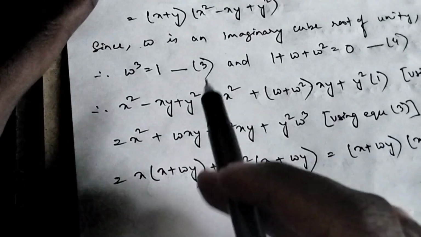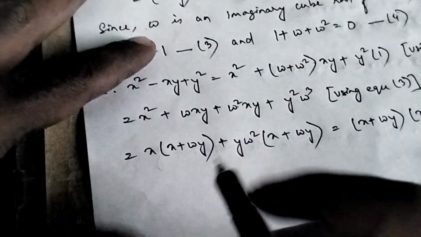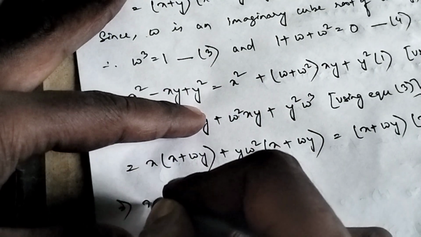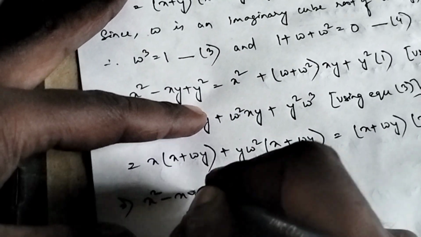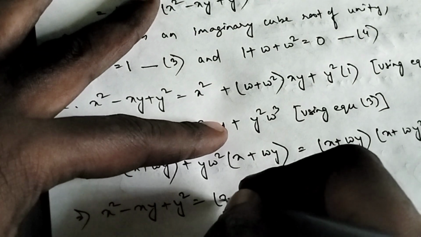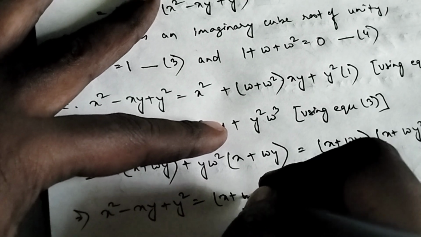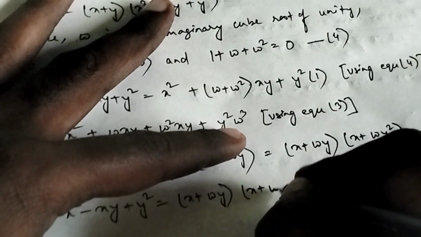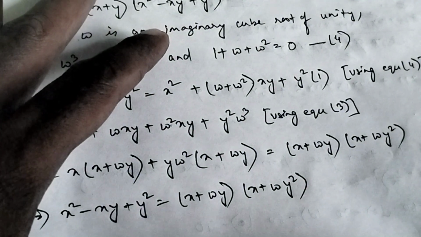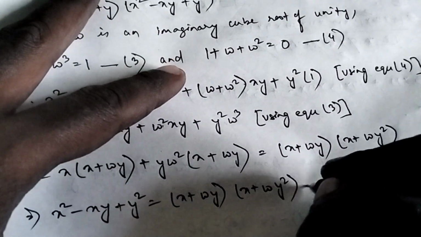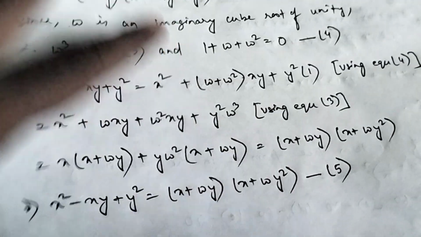And this is the value of what? x square minus xy plus y square is equal to (x plus omega y) into (x plus omega square y). Name it as equation 5.